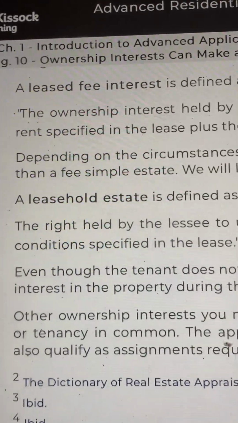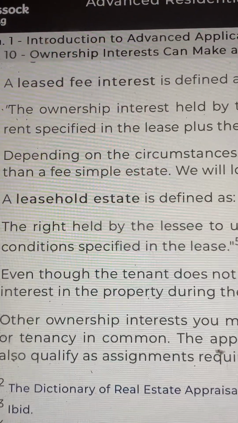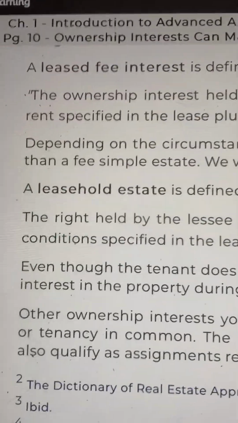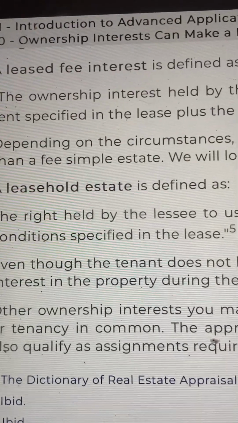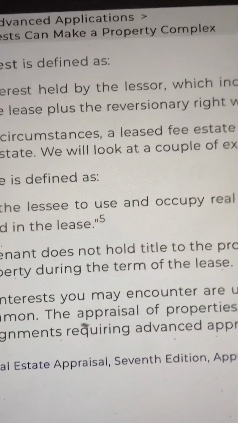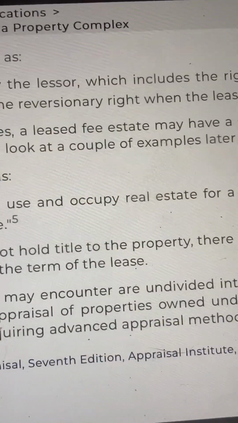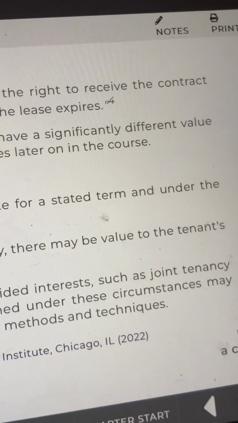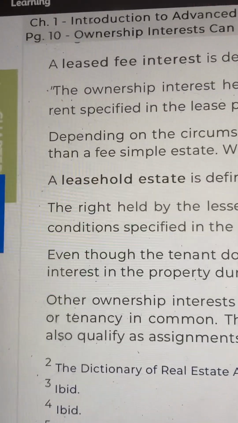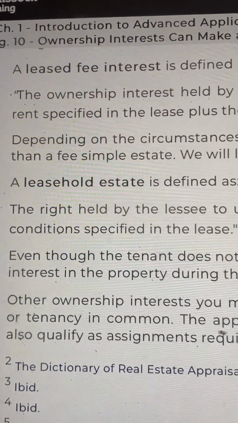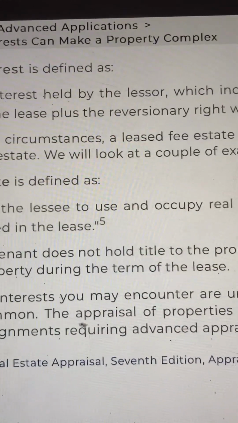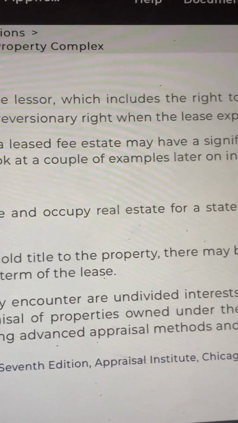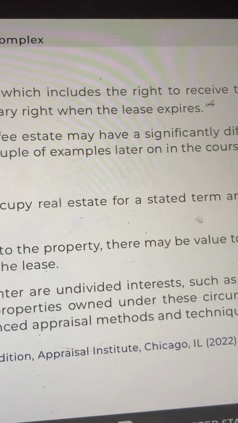Leased fee interest, that's highlighted, is defined as the ownership interest held by the lessor, which includes the right to receive the contract rent specified in the lease, plus the reversionary right when the lease expires.